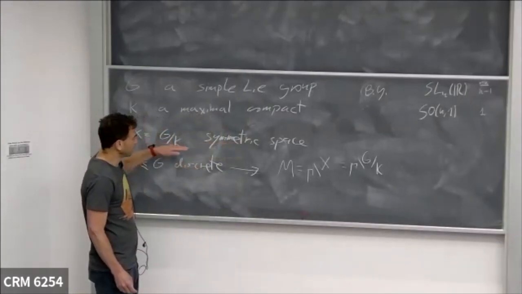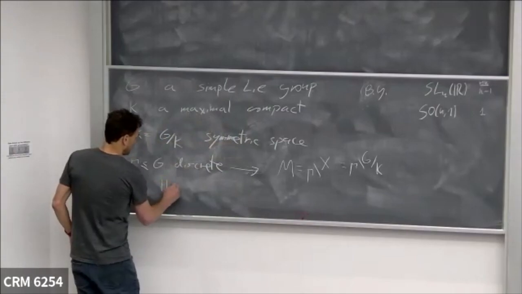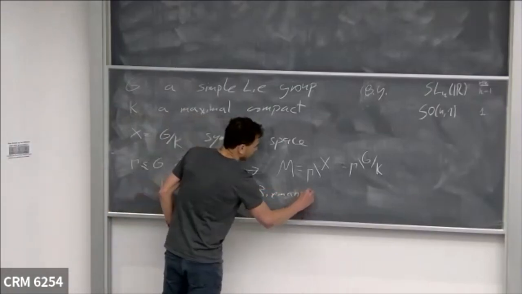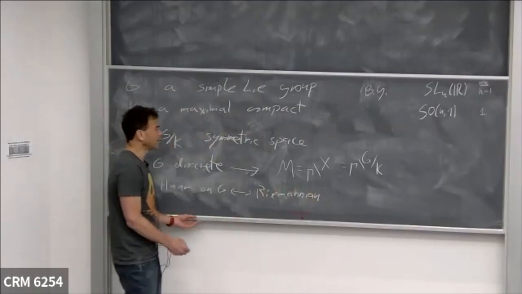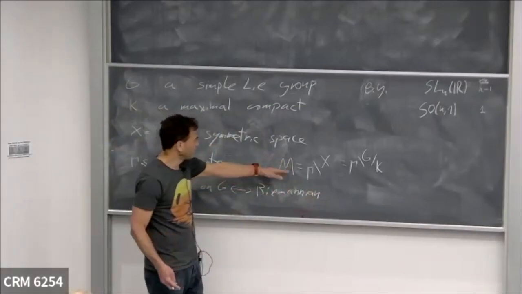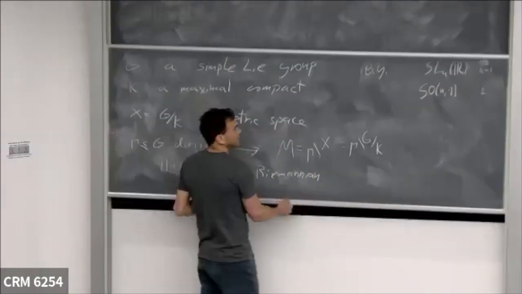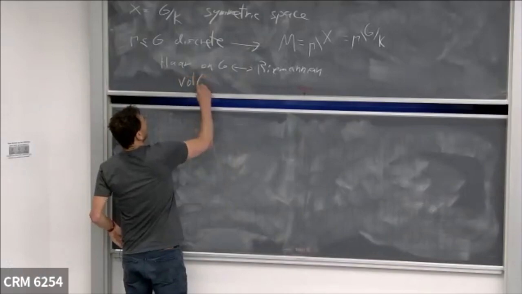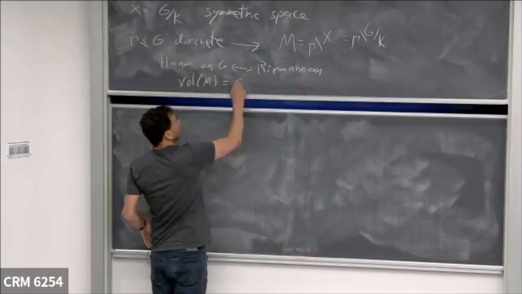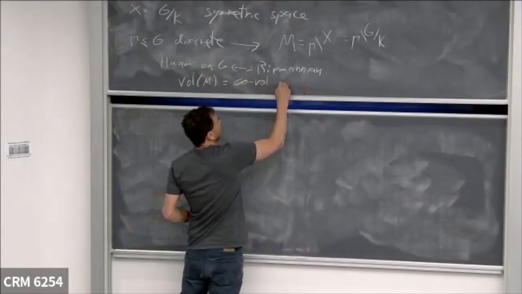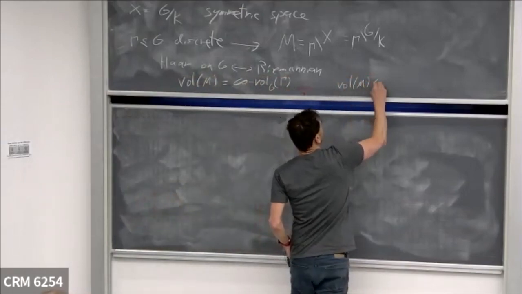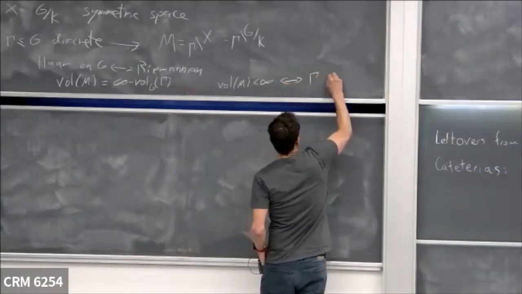And then there is a Haar measure on G, which corresponds to the Riemannian measure on X. And this gives you a volume form, and you know the manifold X mod gamma, the volume of M, which, if you normalize properly, is also the co-volume of gamma inside G. And if this volume is finite, then gamma is called a lattice.